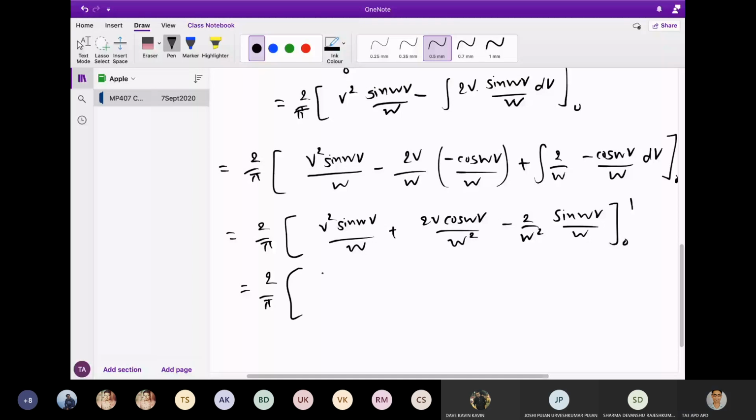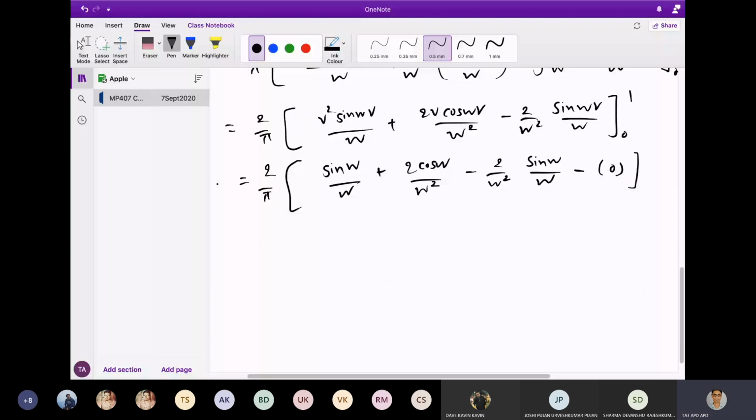So we are going to have sine of w over w plus 2 cos w over w square minus 2 over w square sine w over w. And for the rest of the part, all terms are going to be 0, because sine 0 is going to be equal to 0. So that's your a coefficient.